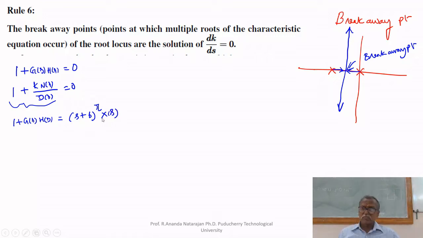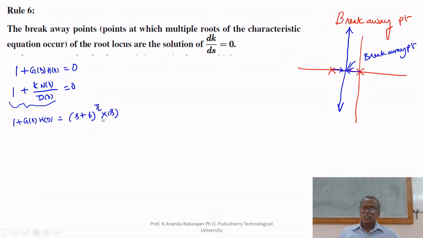What is the meaning of this? It has repeated poles. It has r repeated poles. The remaining polynomial is X(s).